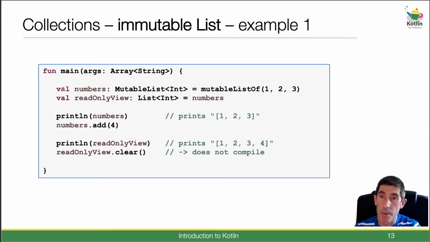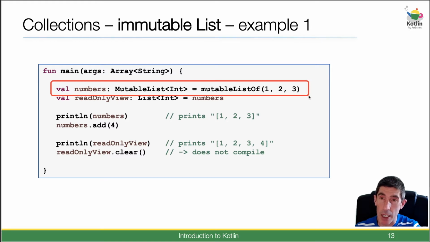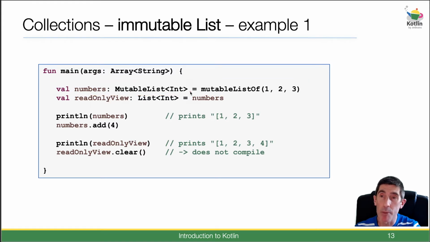In another example here, we have a standard declaration like we saw previously. We can declare a mutable list, using mutableListOf and passing in 3 numbers. That gives us read and write access. Whereas if we create a simple list based on those numbers, we can say val, and we just call it readOnlyView for the purposes of demonstration here. We're going to declare that as a List. Note it's not a MutableList, it's just a List assigned numbers.